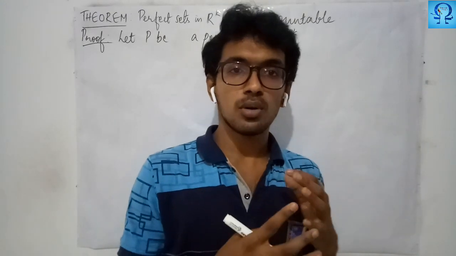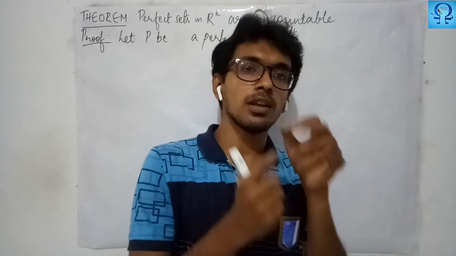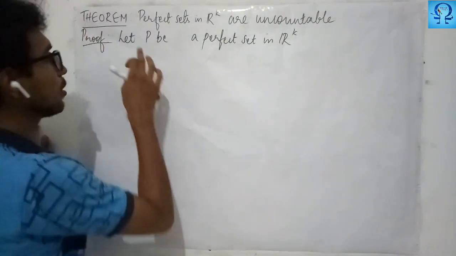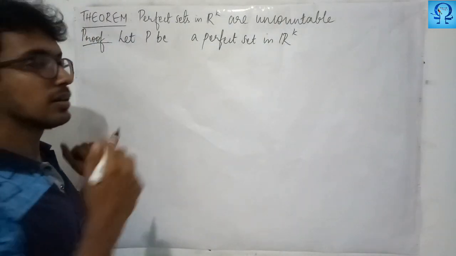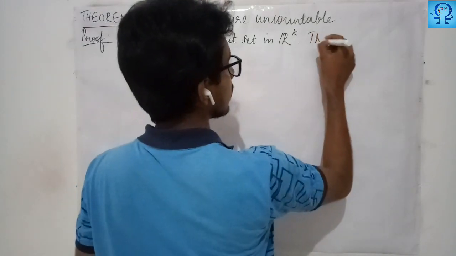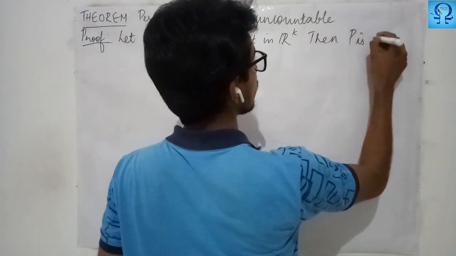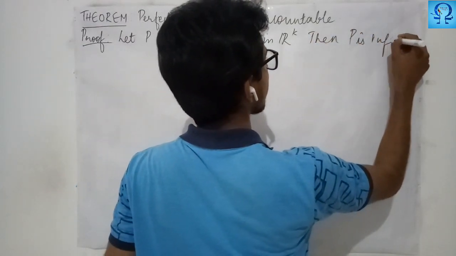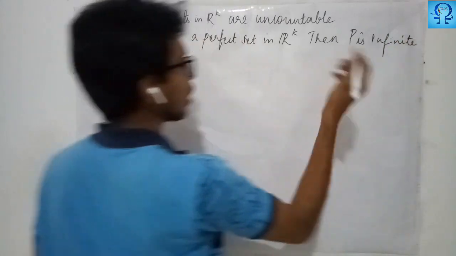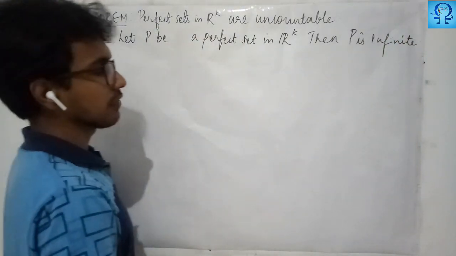So the neighborhood of that point collects infinitely many points of the set, which tells you your set is infinite. So we have proved the set is infinite.